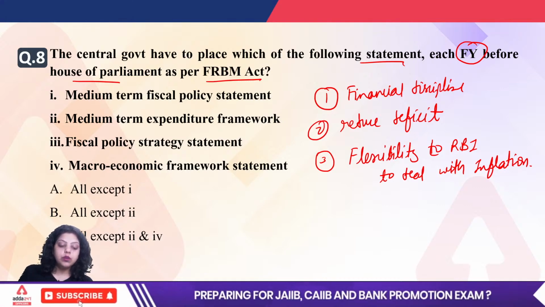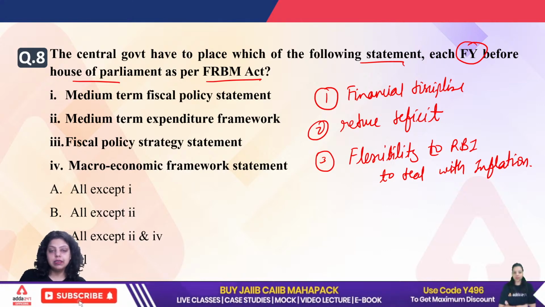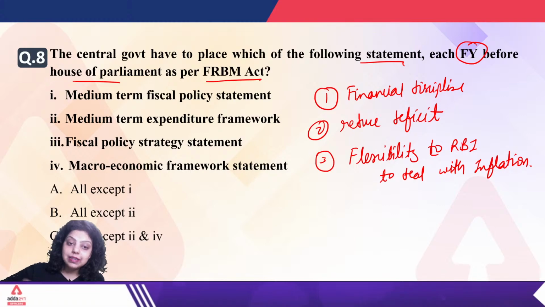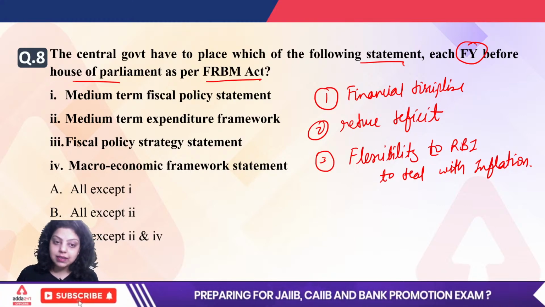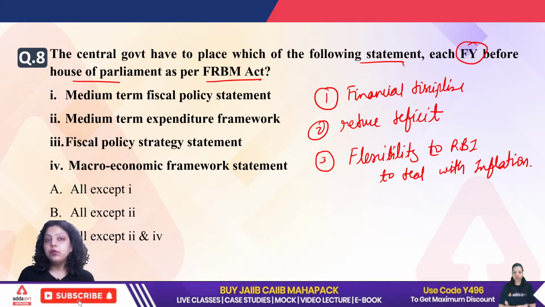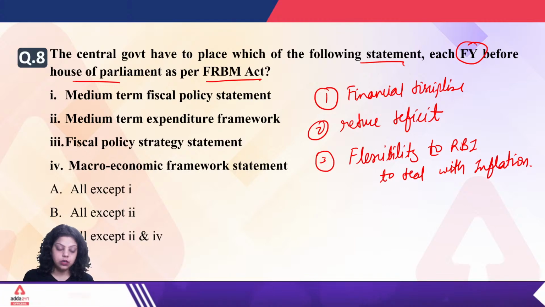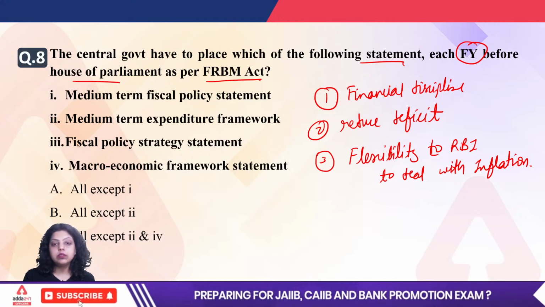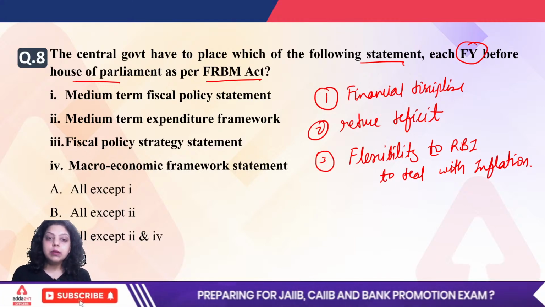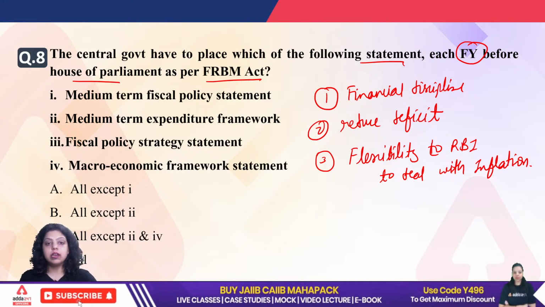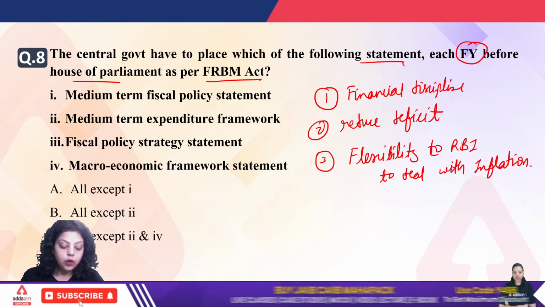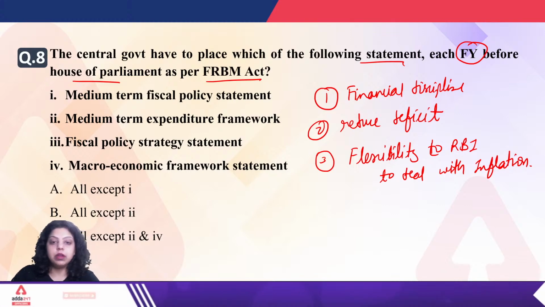So which of the following are the documents which have to be presented by the finance minister in the parliament before presenting the budget? The FRBM Act is saying that before presenting the budget in the parliament, you have to present certain documents as per the FRBM Act's recommendation. So first is saying medium term fiscal policy, second is saying medium term expenditure framework, third is saying fiscal policy strategy statement, or fourth is saying macroeconomic framework statement.